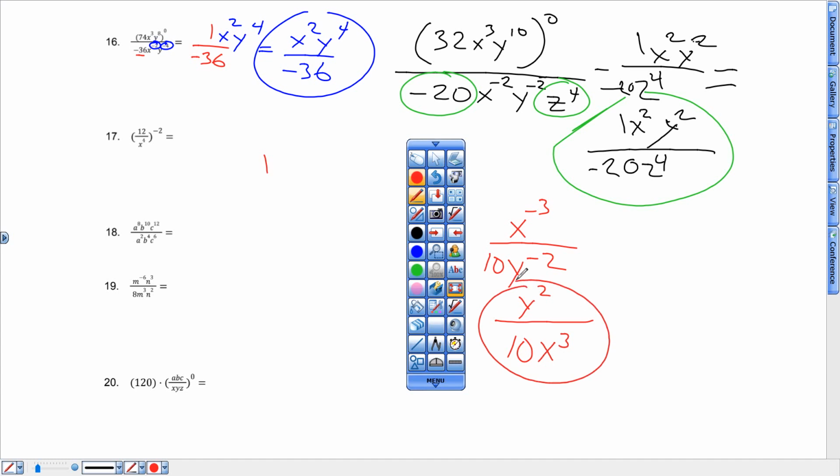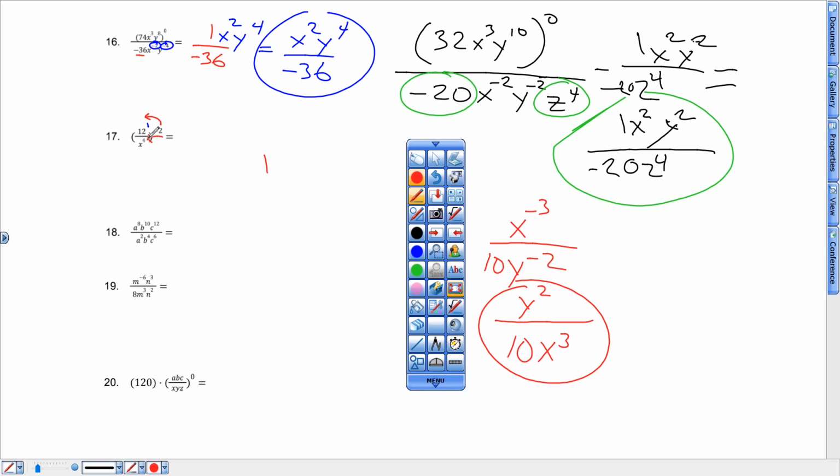All right, this one, this -2 distributes. And again, I think it's easier to know that this is 12 to the first power, and that -2 is going to multiply both that 1 right there and that 4. It's almost like you're distributing that all the way through.